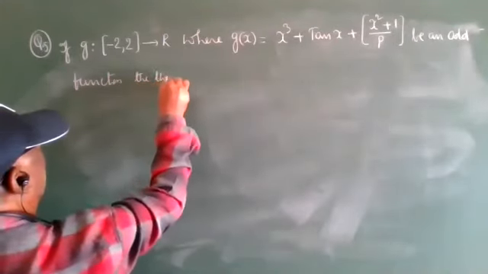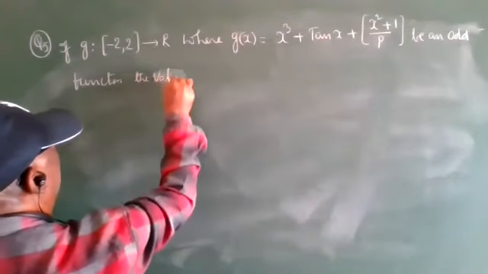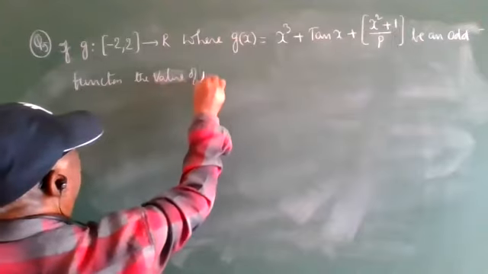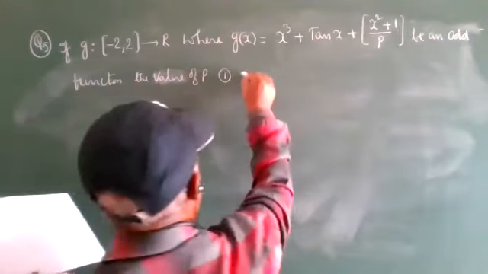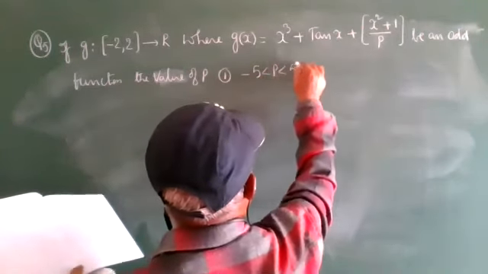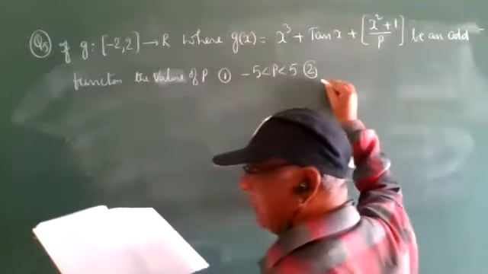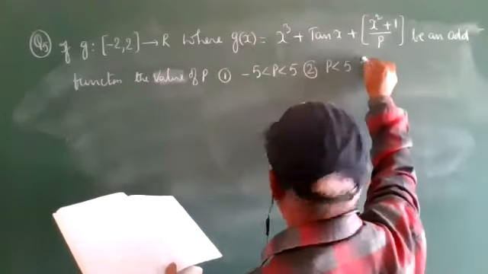then the value of p. The first option is -5 less than p less than 5. The second option is p less than 5.